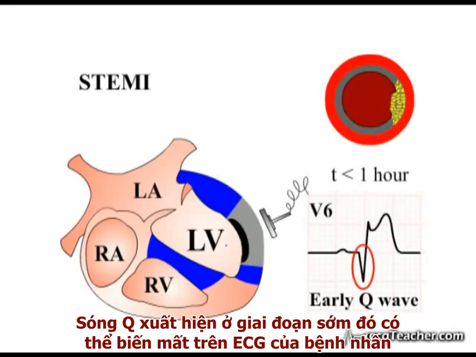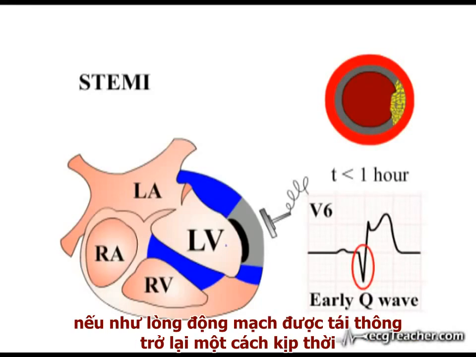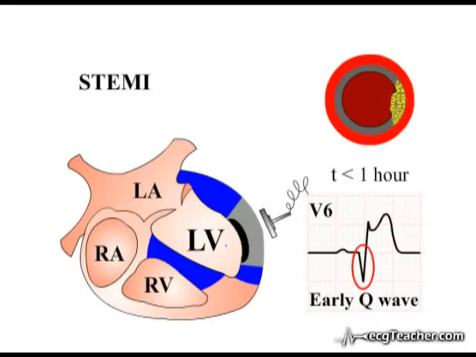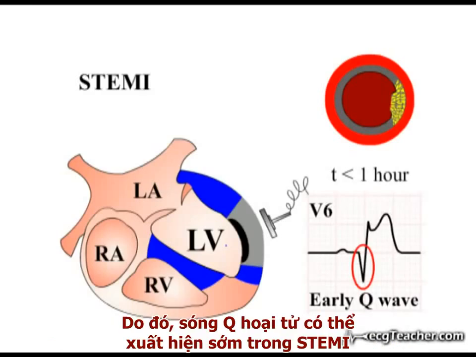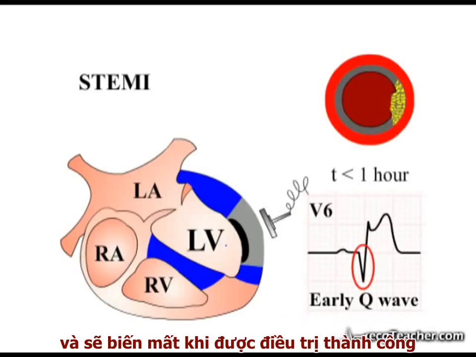Such early Q waves may disappear from the patient's ECG and normal R wave progression may be restored if vessel patency is re-established within the appropriate time frame. Hence, pathological Q waves may occur early in the course of STEMI, and these early Q waves may be transient, disappearing with successful treatment.